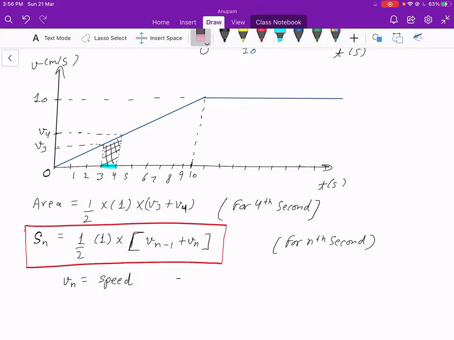Both are correct ways of putting it. So let me write: speed after n seconds, i.e., v at t equal to n seconds. Is that correct? Just read it and tell me if you get it or not.